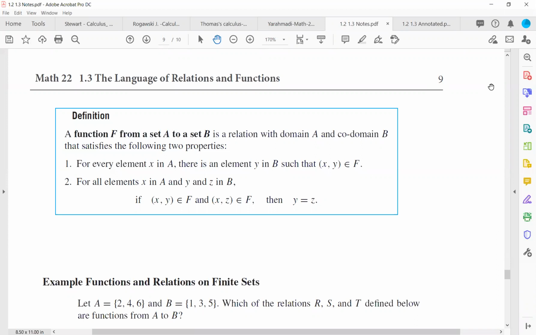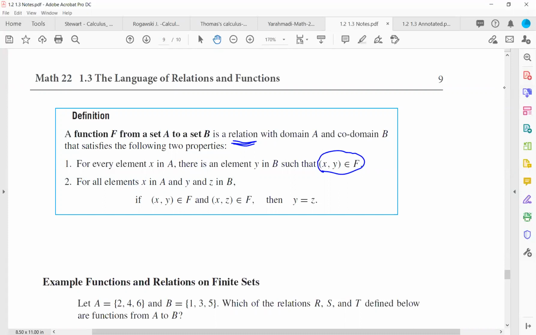Definition of a function: the official definition says a function f from a set A to set B is a relation, so definitely a collection of points, with domain A and codomain B that satisfies the following 2 properties. For every element x in A in the domain, there is an element y in the codomain B such that that point is in set F.